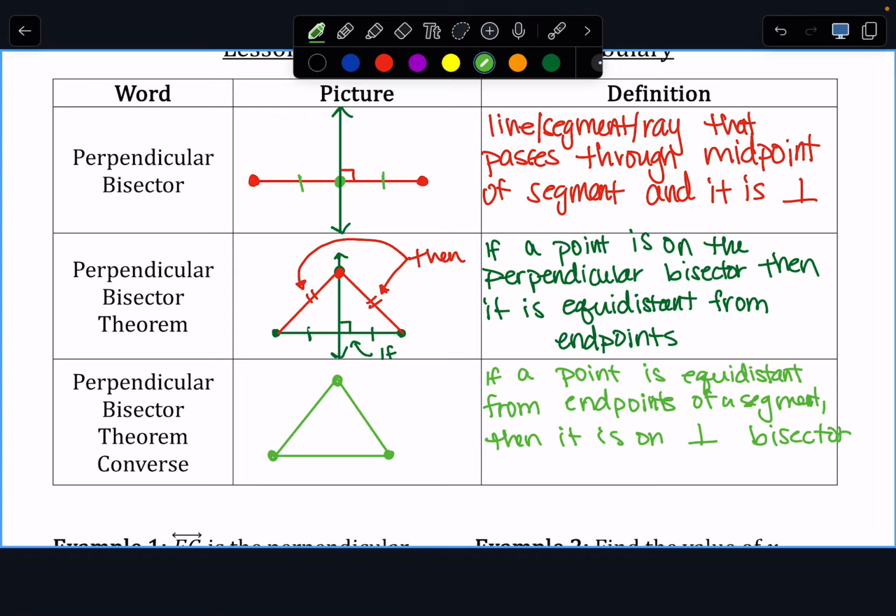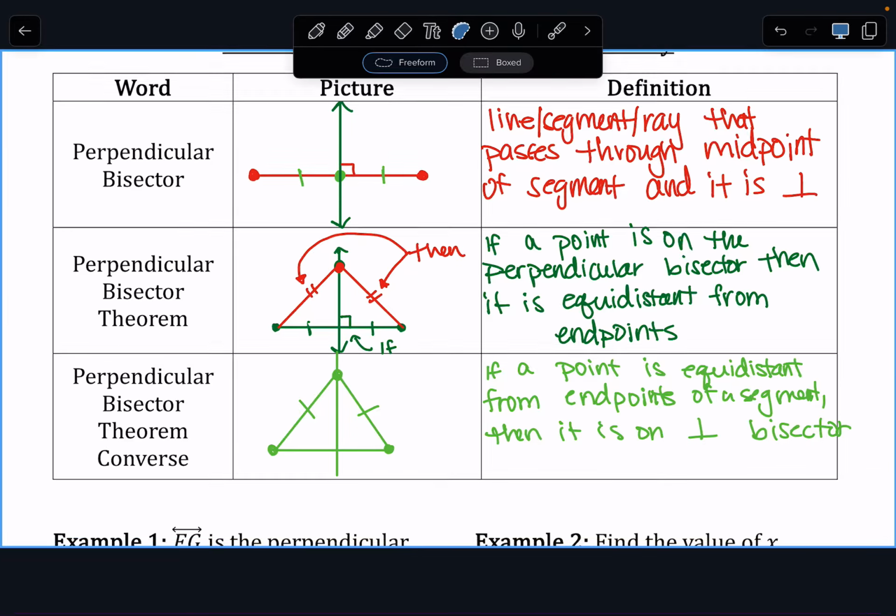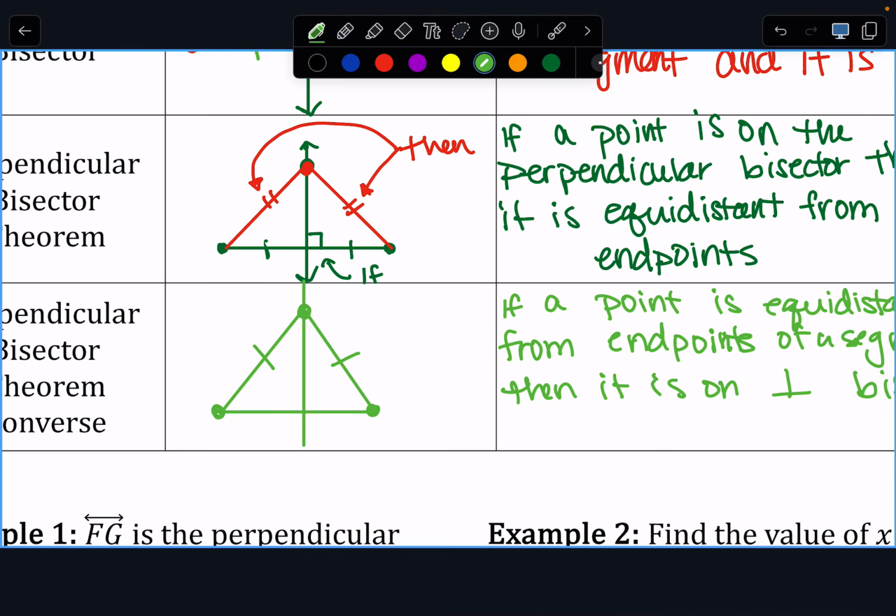Wait, I don't get it. So what's the difference? Josh, you talk to me. Okay, so this one is if I know that this point is equidistant. So this is the if.